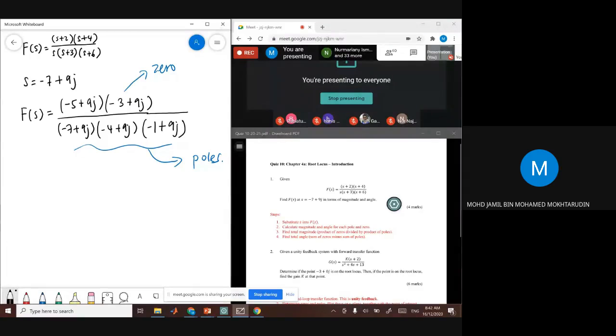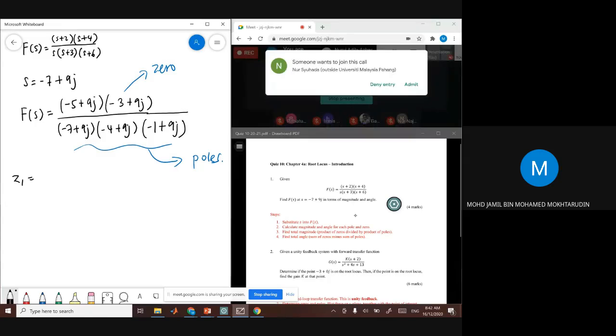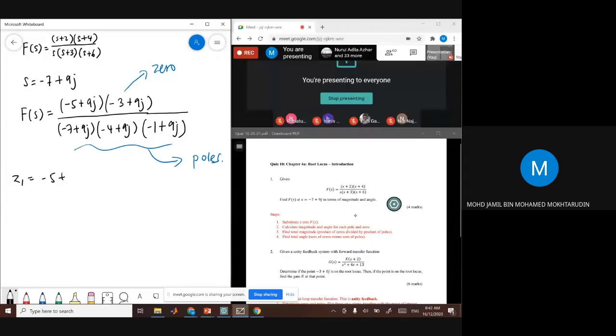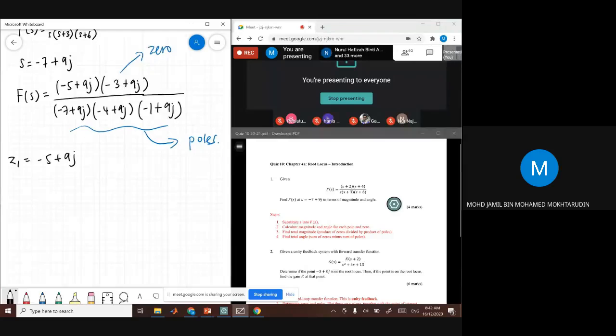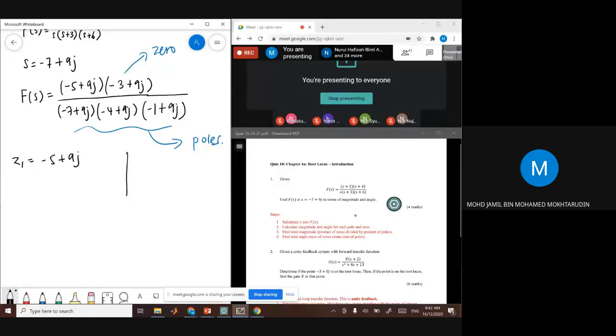So we start with the first zero. Zero number 1 is minus 5 plus 9j. If you plot in the s-plane, it will be somewhere here.